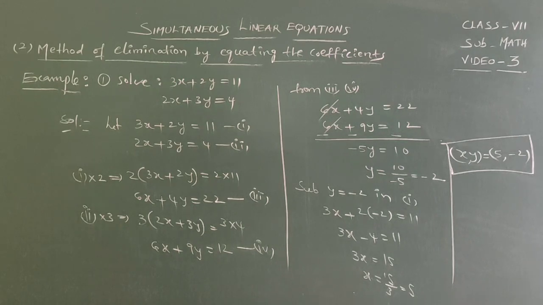So 4 minus 9 equal to minus 5y equal to 10, y equal to minus 2. If you substitute y in first and second equations for getting the value of x, here we got the final solution as 5 comma minus 2.